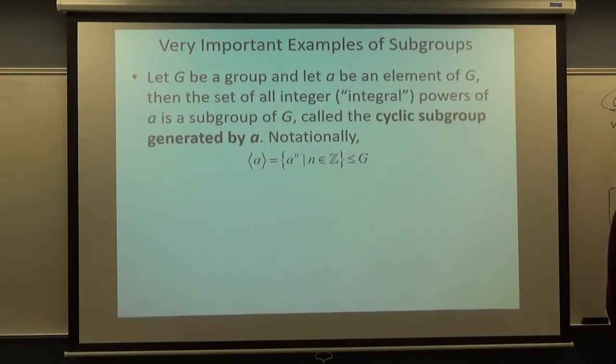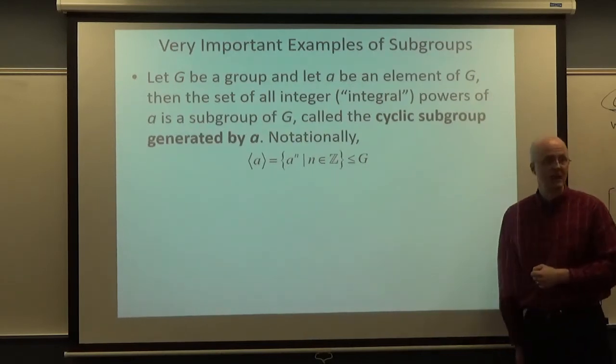Talked about what cyclic was last time. I will remind you again today. You got an element, A. The set of all integer powers of A is a subgroup of G, called the cyclic subgroup generated by A. Okay? Very most important kind of subgroup of any group to consider.